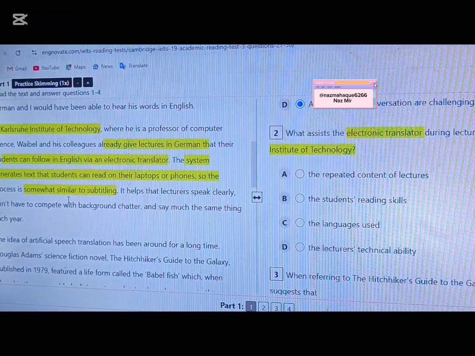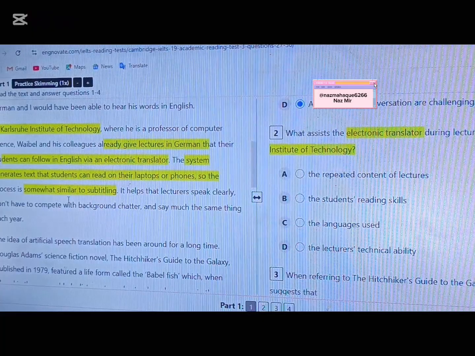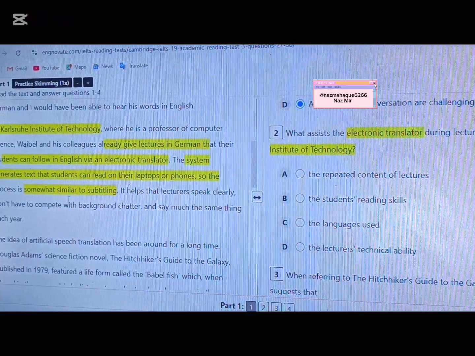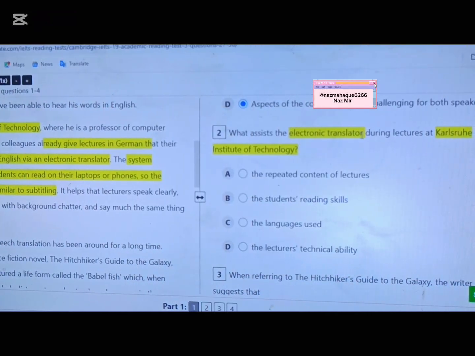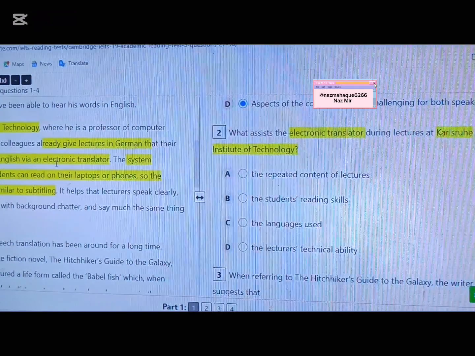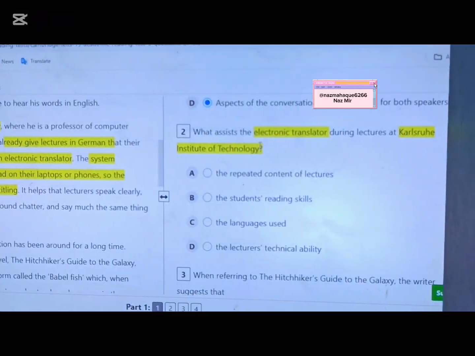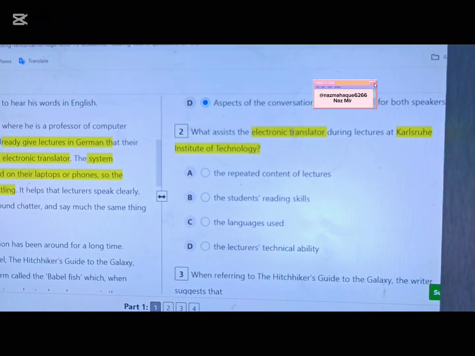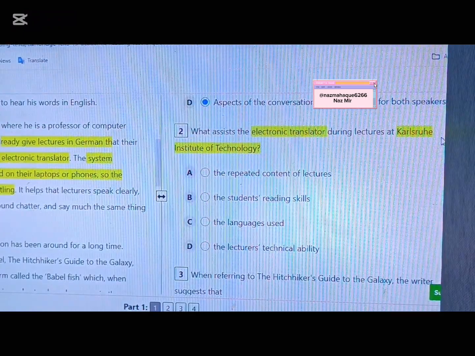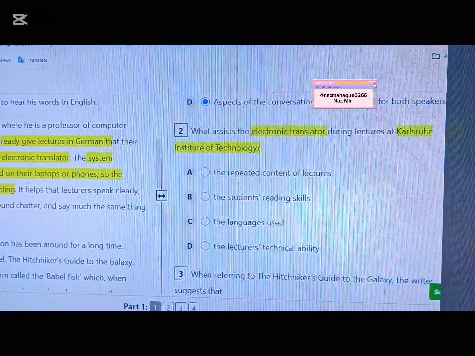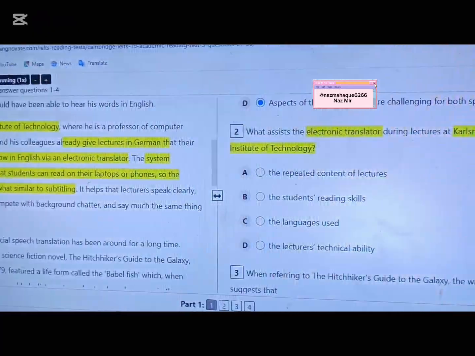So both of these languages are different, but they are able to understand because of an electronic translator. In the question, I have highlighted electronic translator. So this is also a keyword. Okay, so the question asks what assists the electronic translator during lectures at Karlsruhe Institute of Technology. Okay, so we are going to find out how this electronic translator works.